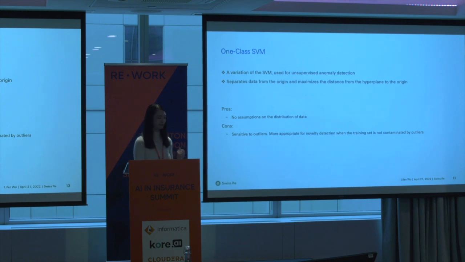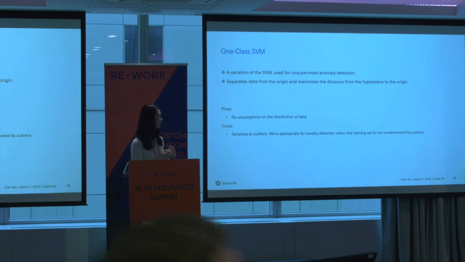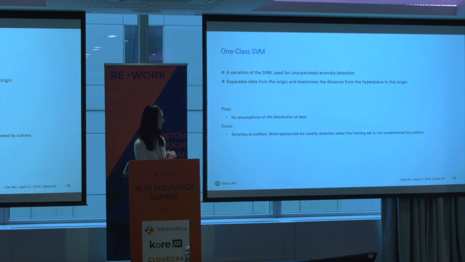As I mentioned, because we want our training set to be very normal, the algorithm is very sensitive to outliers. So it's more appropriate for the task called novelty detection. It's slightly different from traditional anomaly detection, in the sense that the training set is not contaminated by outliers a lot.